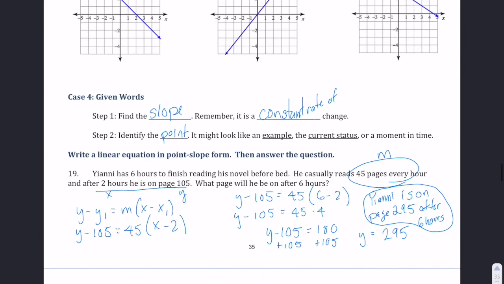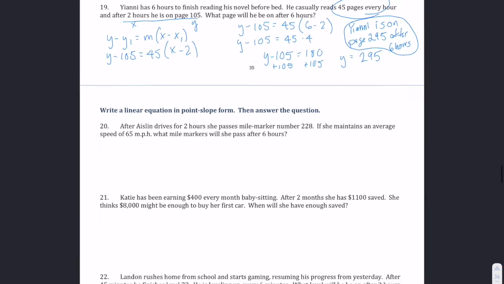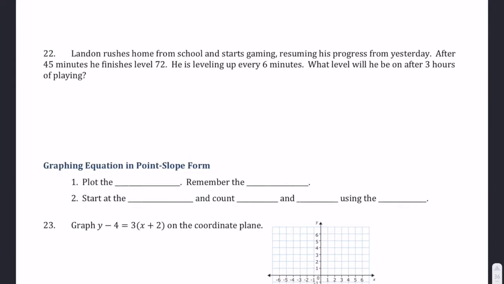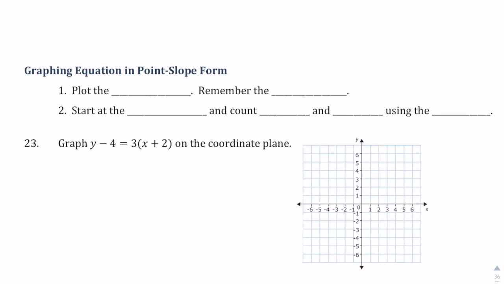Terrific. Okay, so then we have a whole bunch more examples of this in word problems, but let's go ahead and look at when we're actually graphing an equation in point slope. First, we're going to plot the point that they give us in the equation. And remember, the signs are opposite of what they appear.